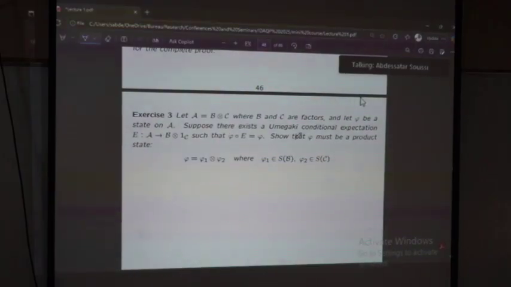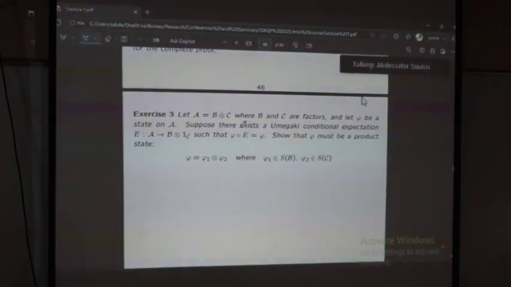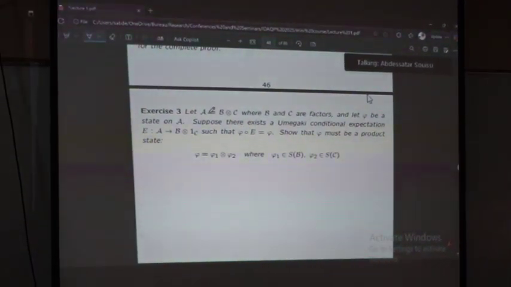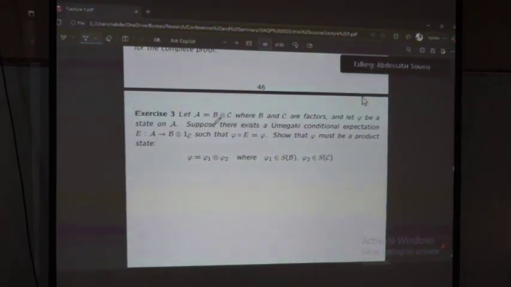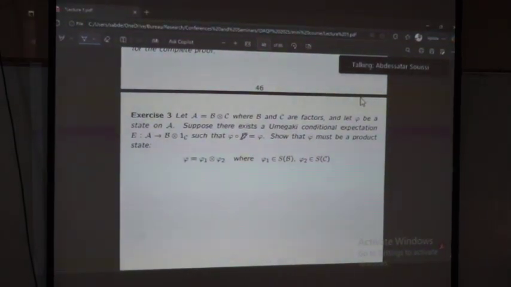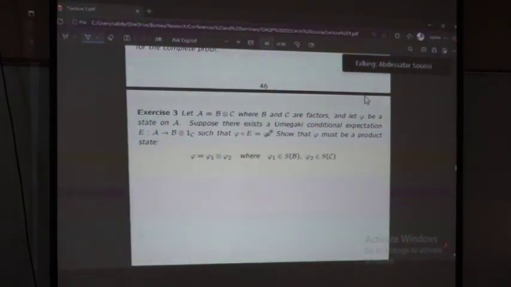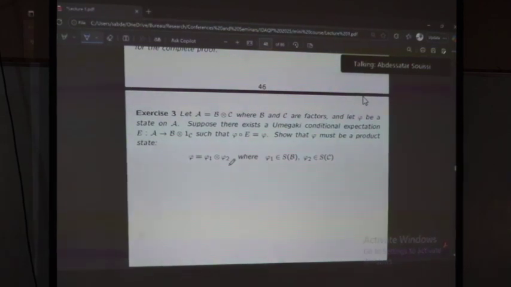Indeed, according to this exercise, if the state phi on this tensor product algebra is compatible with a Uiday conditional expectation, then this state should be a product state.